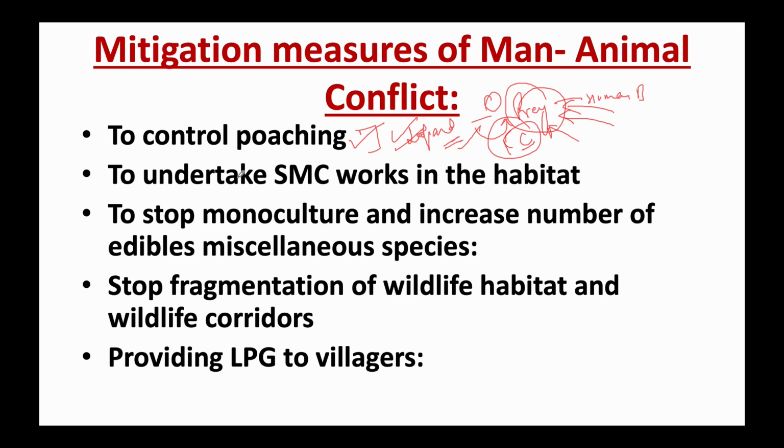Then we need to undertake SMC works, SMC is soil and moisture conservation measures, like vegetative checks, dams, loose boulder check dams, cement plugs. So in a natural way we have to stop this. Then sufficient food and water for wildlife will be available, and the number of animals straying out of the forest will be controlled, because if we control the soil quality, vegetation would be good, and the prey of these animals will depend upon the good grass around.